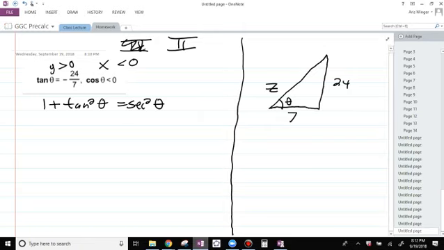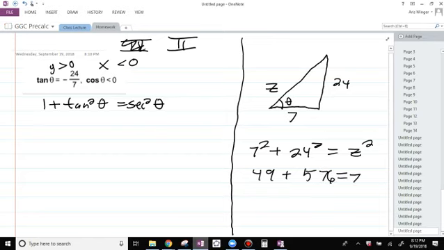So this might be okay, right? I think this is 25. 7 squared plus 24 squared equals z squared. Actually, it was 25. Is it? Yeah. 49 plus 576 equals 625. Z equals 25, okay?